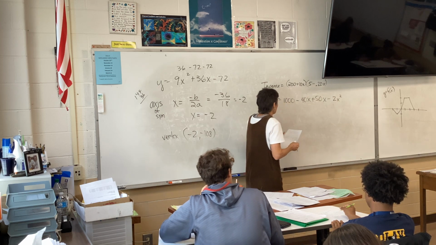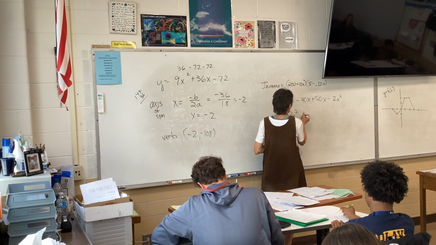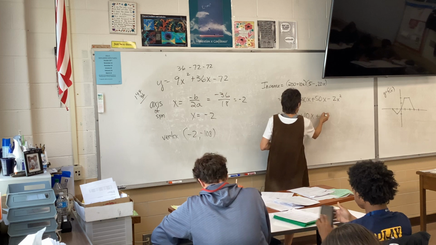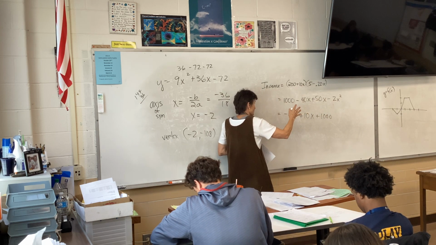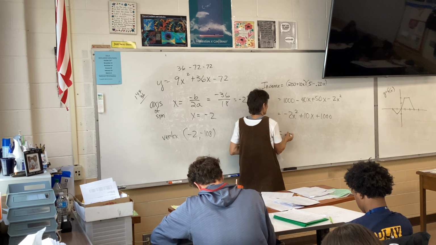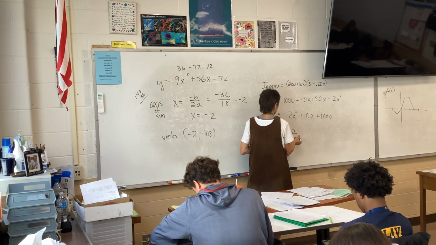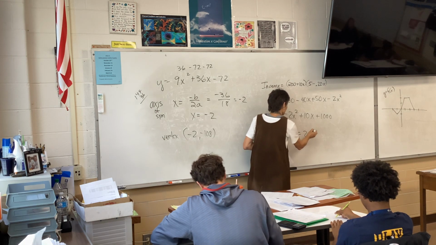So I have no idea. I'm hoping I multiplied this out right. If you multiply it out, then you can find the vertex the same way we did this one. So negative b over 2a, what is that, 2.5?